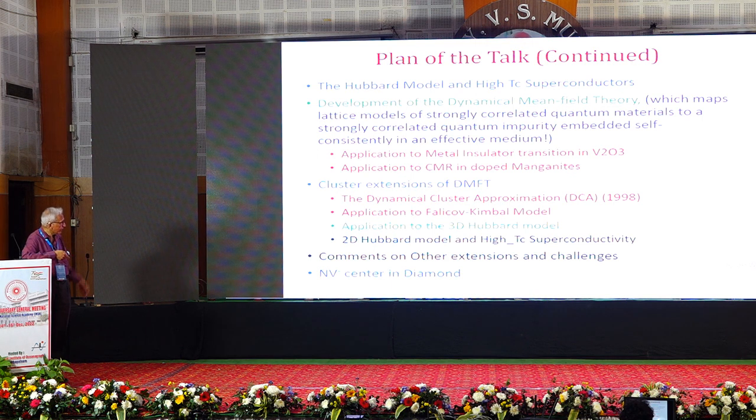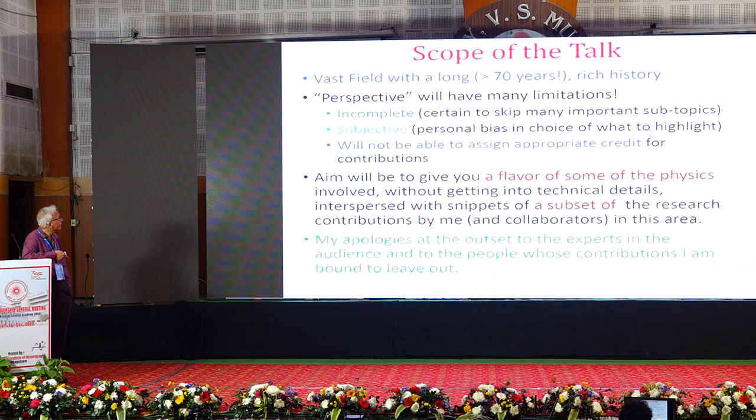I'm also going to comment on other extensions and challenges, and end my talk with a new kind of quantum impurity that is likely to play a big role in the future, called the NV minus center in diamond. So it's a lot to get through. I'll probably skip some of the technical parts, but I hope you'll get a flavor of what I'm talking about.